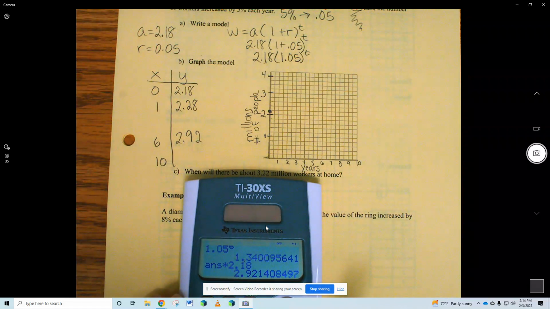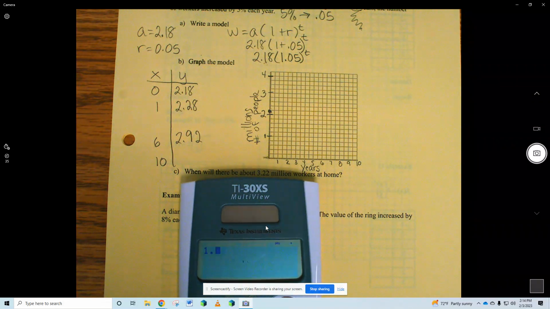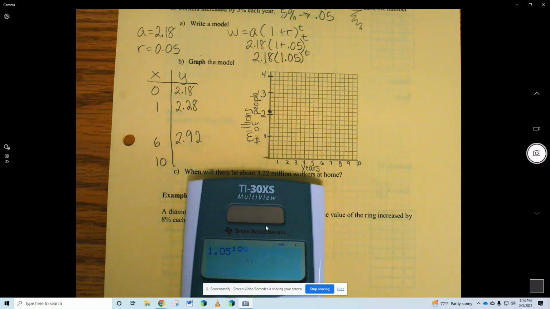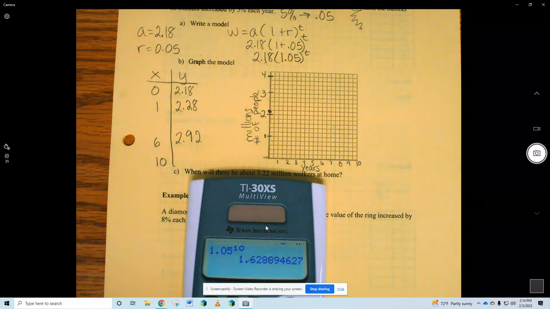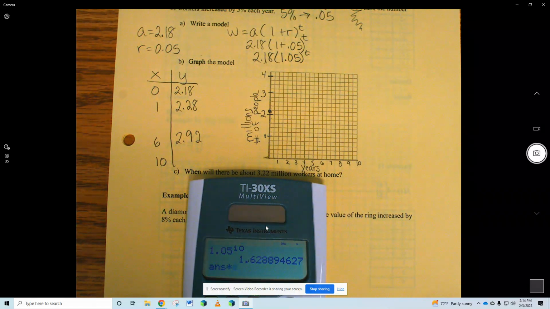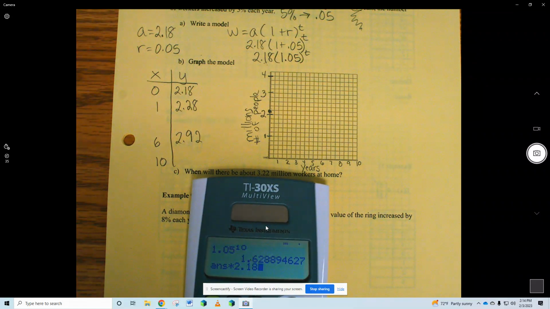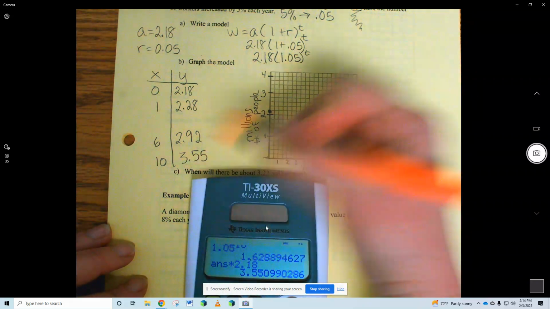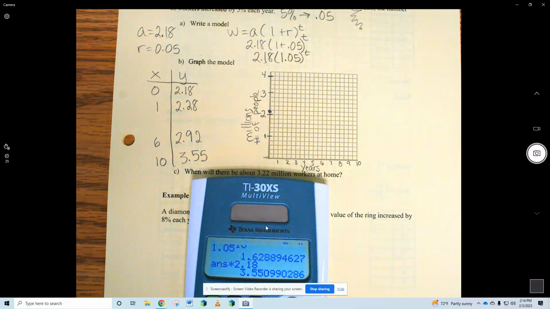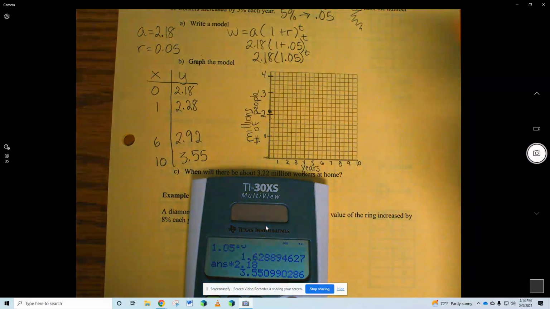Now I'll go 10 years. 1.05 to the 10th. And then multiply it by 2.18. 3.55. Okay, so I can plot those points, and this is going to make an exponential growth function.